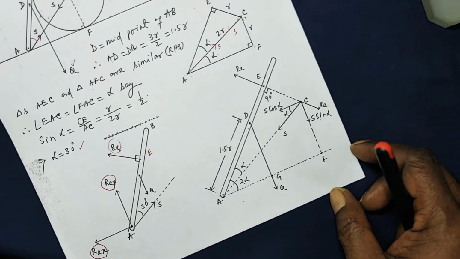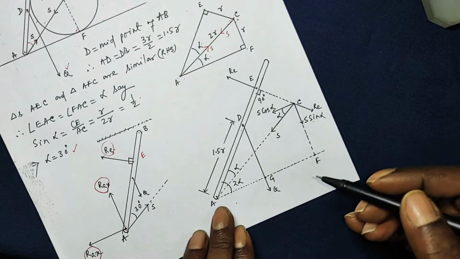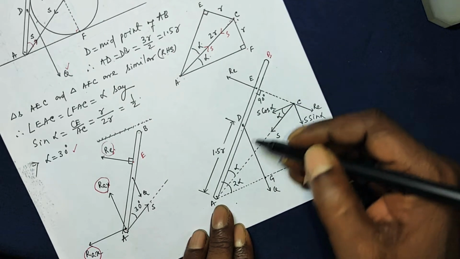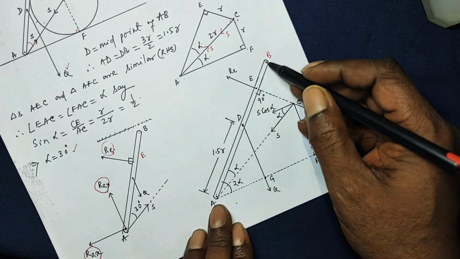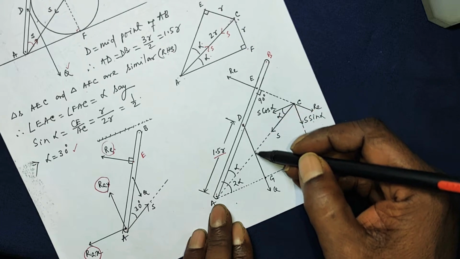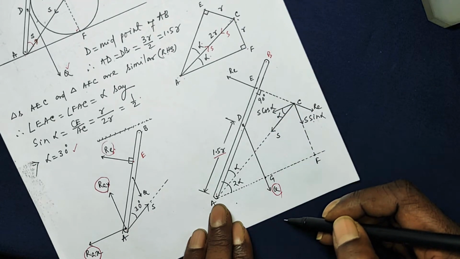Now I have again redrawn. D is the midpoint of the prismatic bar AB. So from A to D will be half of AB, that we calculated as 1.5 bar. From this point D is acting the weight of the prismatic bar Q vertically downward.